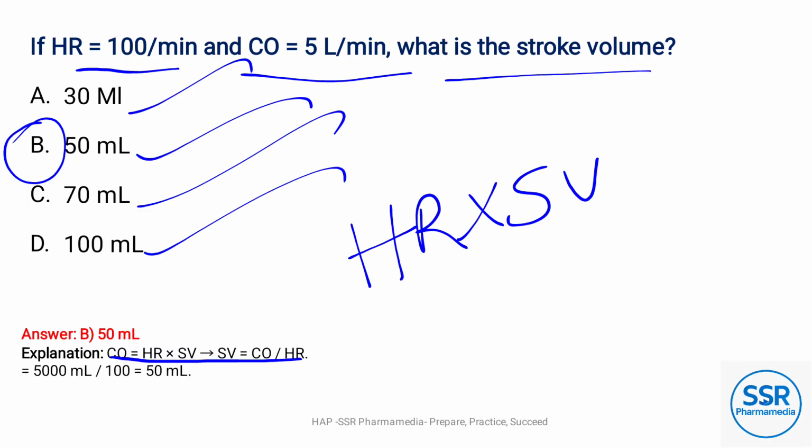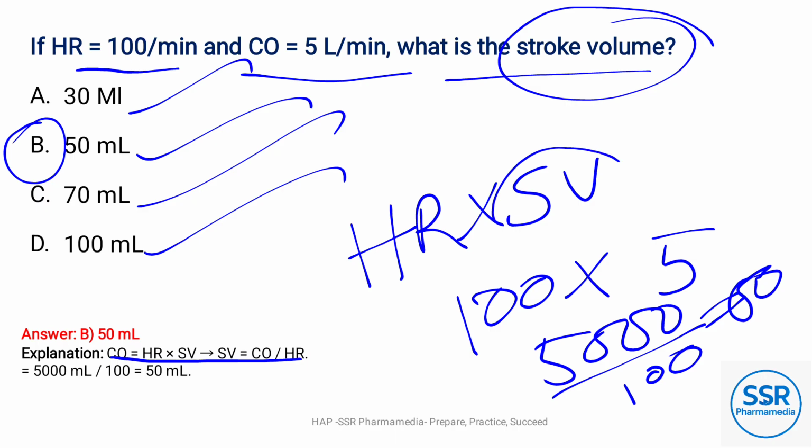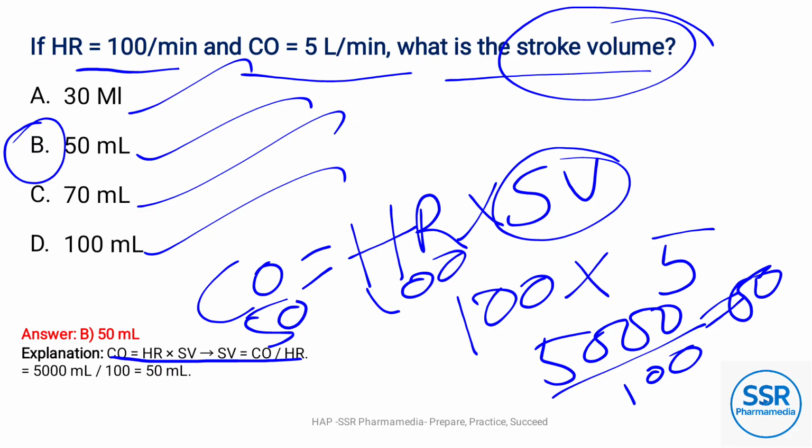Heart rate is given as 100, and cardiac output is given as 5 liters, which is 5,000 ml. We substitute in this formula to find the stroke volume, which we don't know: 5,000 divided by 100 is equal to 50 ml. So we get the stroke volume.